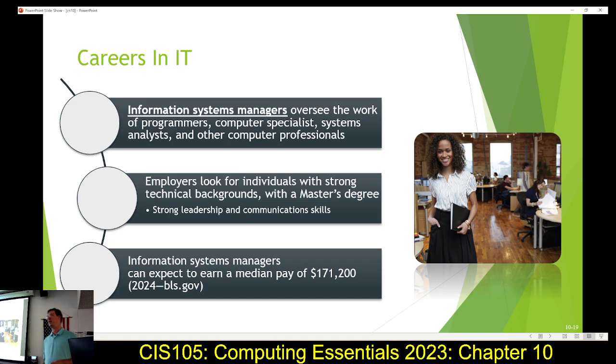So that if they have a question for the Information Systems Manager, the manager should be able to answer the question. So we're talking about strong technical backgrounds, master's degree, strong leadership skills, communication skills, and you see the pay on this though? This is the highest one yet. So the median pay is $171,200. That means that half of those people make more than that.